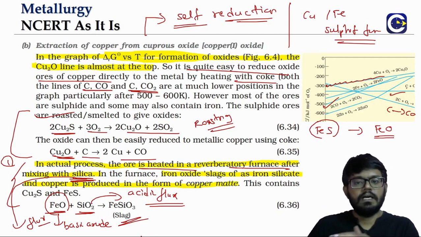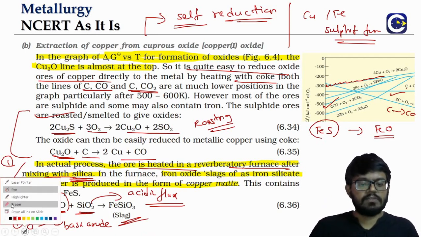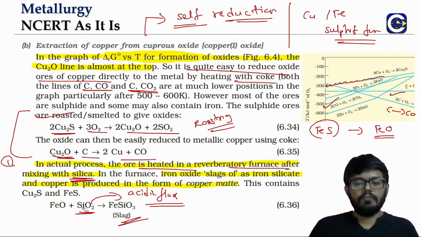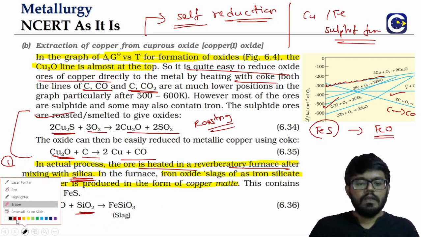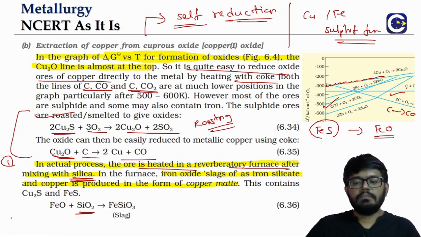Actually, from the reverberatory furnace we will not get the metal. We will get what we call copper matte. The iron oxide will be slagged off. It will be forming what? Slag, which is FeSiO3, which will be clearly different from the copper matte.